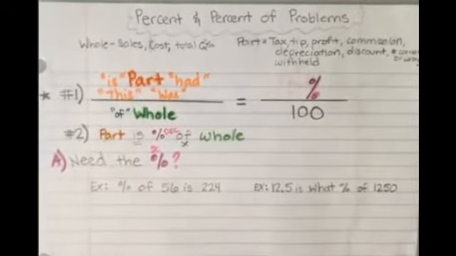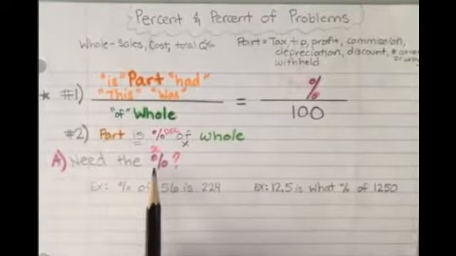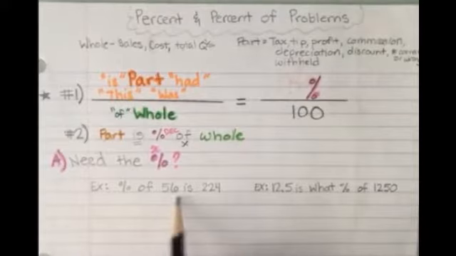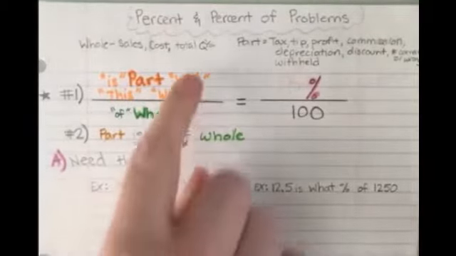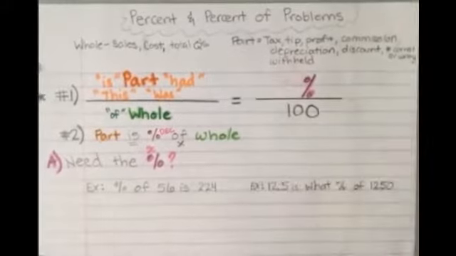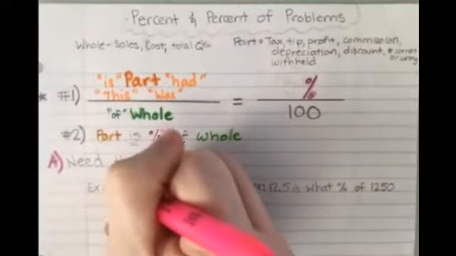So let's look at the first types of questions that we'll get. If you're asked for the percent rate of something, for example, what is the percent of 56 that is 224? What you do is you look at your proportion, and let's just break it down. What is your pink? That's the percent. So I'm going to put the percent.